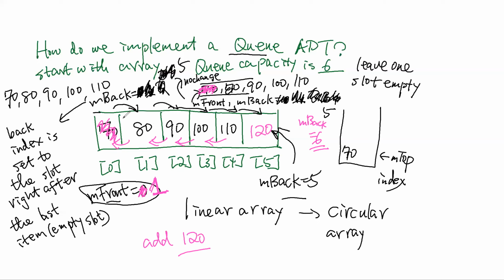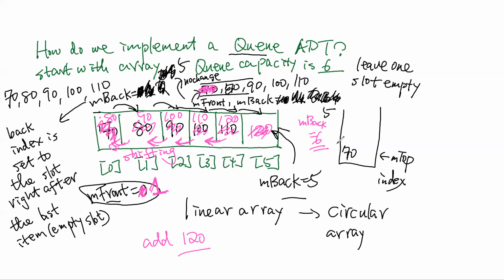So if we do shifting, is it okay? If we shift, like what I just drew here, update 80, 90, 100, 110, 120, then that will solve the issue, it looks like.